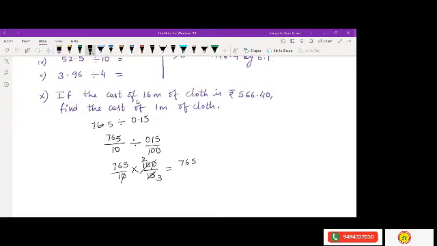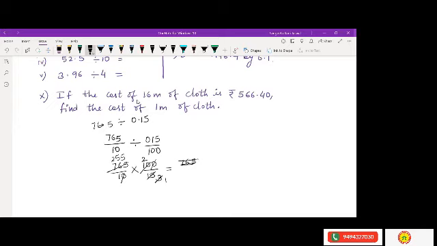Okay, so now can this be cancelled with 3? 11, 7, 18. It can be cancelled with 3. 3 ones are 3, and 3 2s is 6. And 3 5s is 15 and 3 5s is 15.